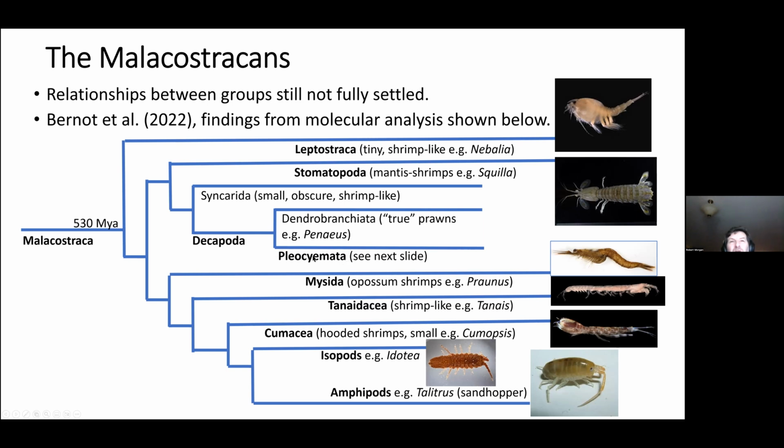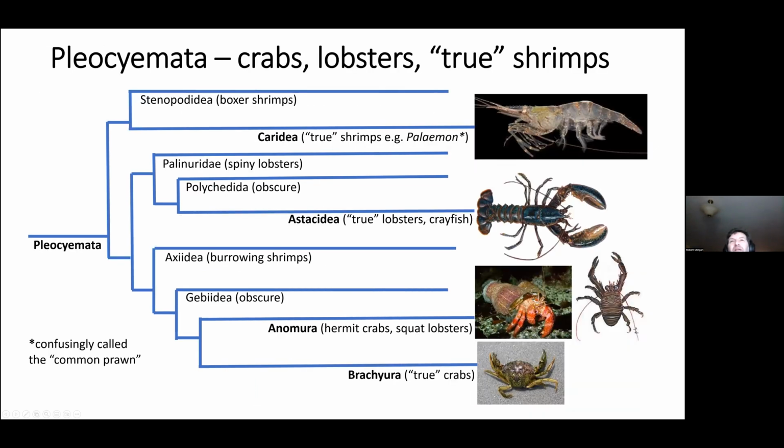name Pleocyemata, and this includes many familiar things that we see on the intertidal zone, the true shrimps and the lobsters and the squat lobsters and hermit crabs and the true crabs, all in one group, which are probably separated from each other maybe something like 450 million years ago.